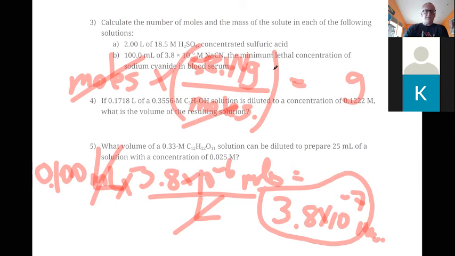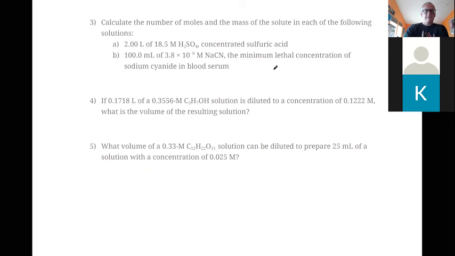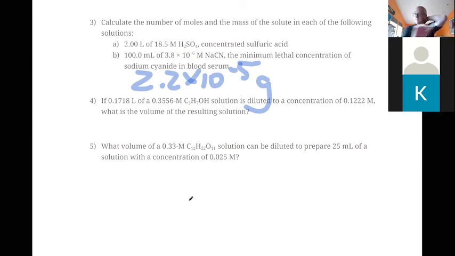And what answer do you get? 2.2 times 10 to the negative 5. 2.2 times 10 to the minus 5, what? Grams. So what was the full answer before you rounded it? I like how you rounded it to 2. That's excellent. Did you have to round up or down? I had to round down. Okay.